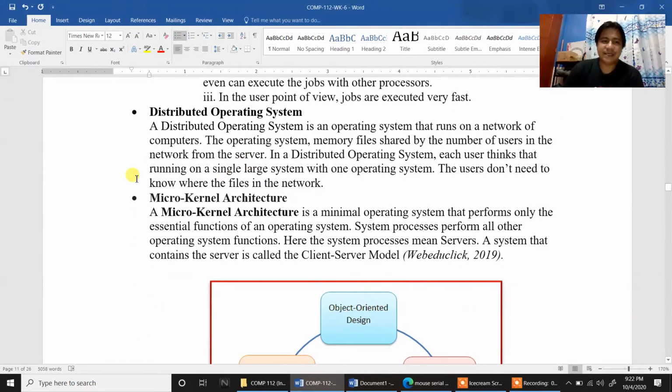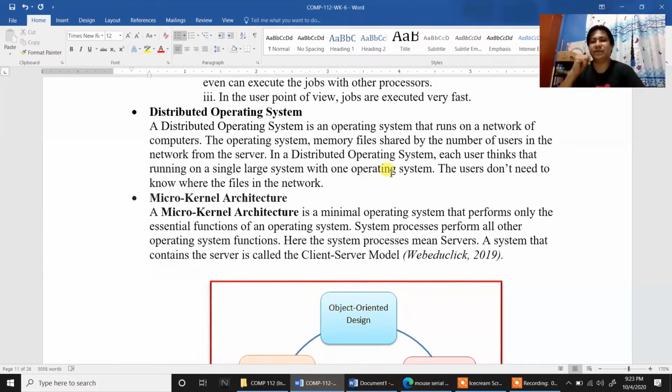Distributed operating system. These are the operating systems that are networked. Right now, there are computers that don't have a hard drive, but the operating system is connected to a server. So they are networked.